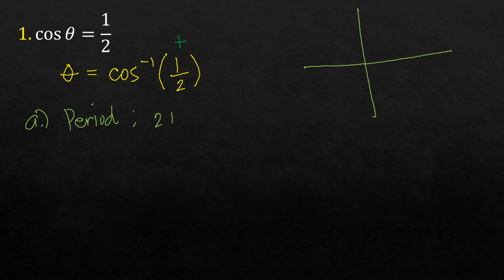We know that the period of cosine is 2 pi, and from that period we are referring to the interval 0 to 2 pi, one complete revolution. Cosine is positive in the first quadrant, and so with the fourth quadrant. Therefore, we are expecting two possible solutions on the period of the cosine function.